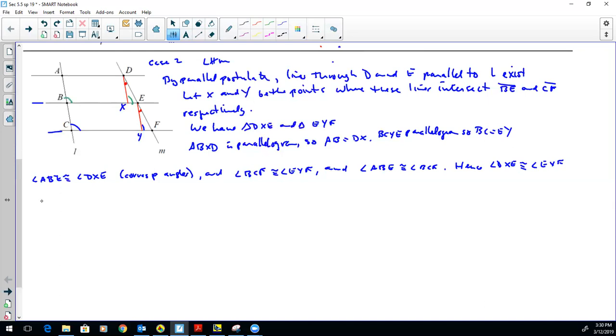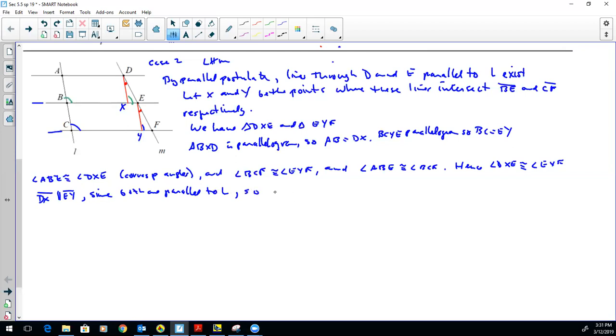I didn't say this, but DX is parallel to EY, since both are parallel to L and we're in a plane.